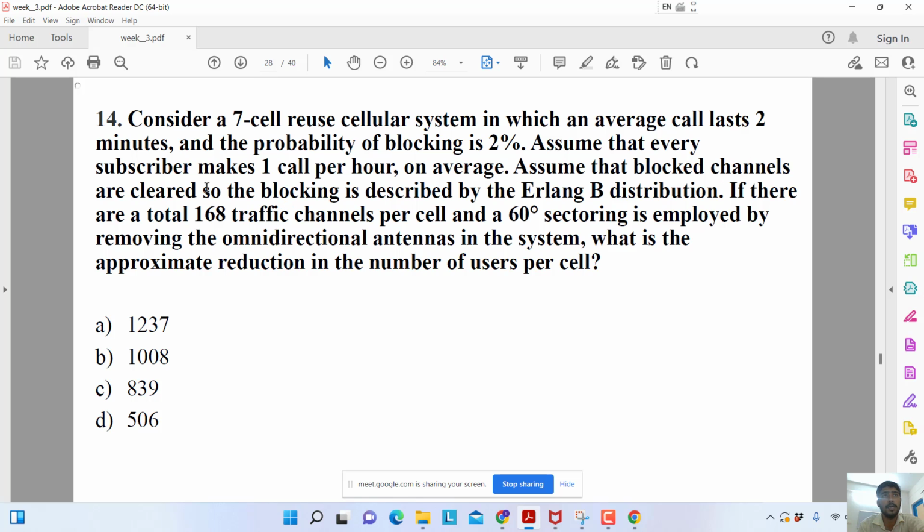Assume that blocked calls are cleared, so the blocking is described by the Erlang B distribution. If there are a total of 168 traffic channels per cell and 60-degree sectorization is employed, replacing the omnidirectional antennas in the system, what is the approximate reduction in the number of users per cell?